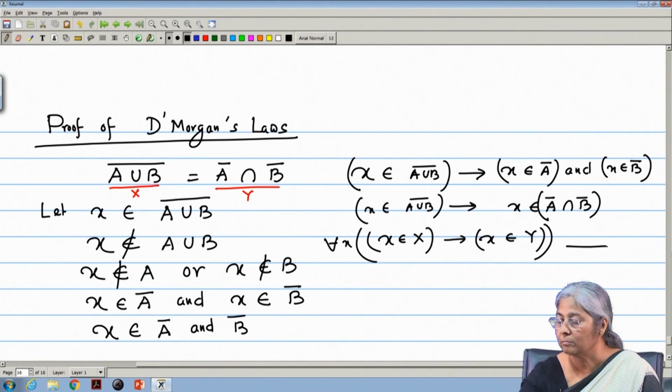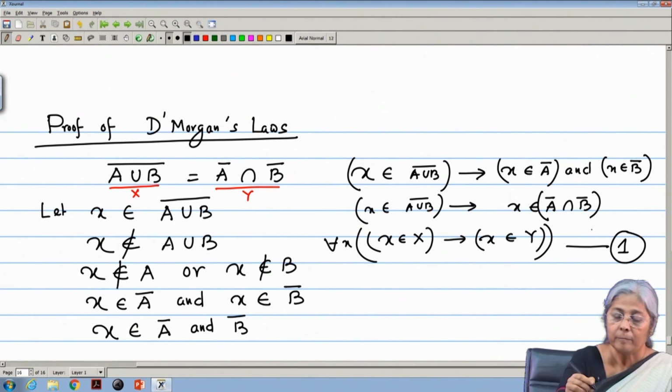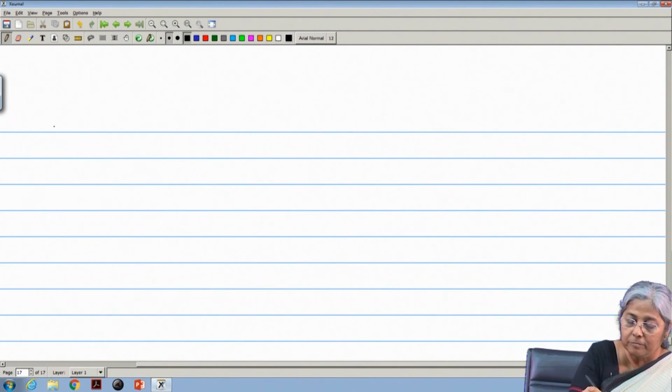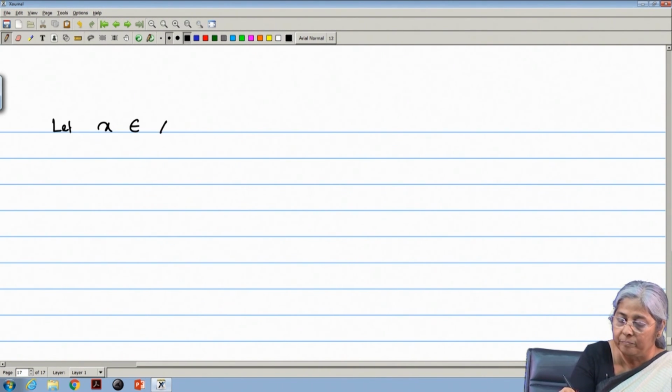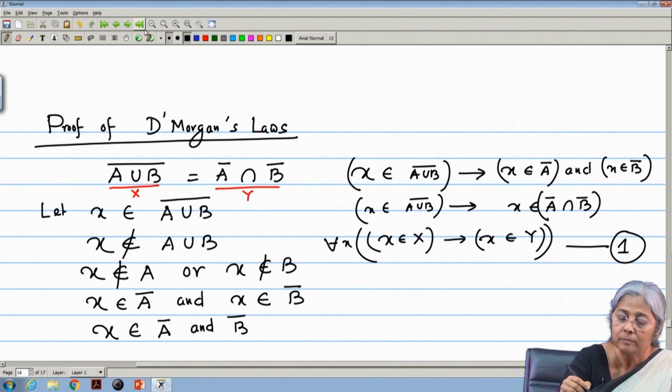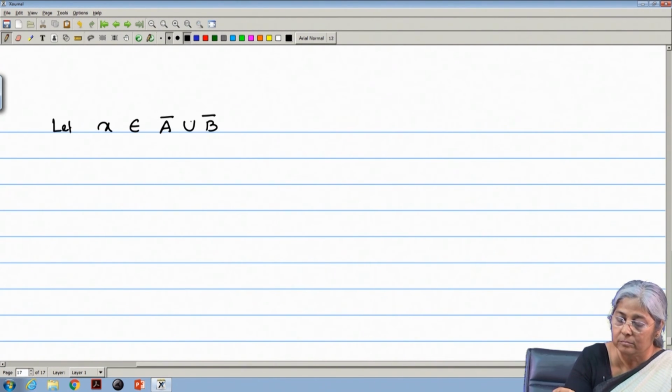So, this is one. Similarly, the same way if I consider let x belongs to A complement intersection B complement, since we have taken the union. So, this means x belongs to A bar or x belongs to B bar.